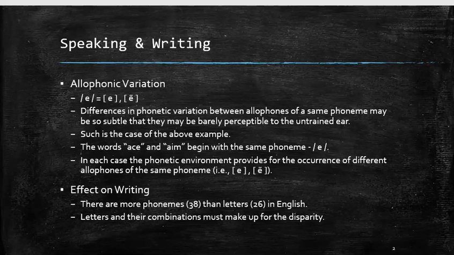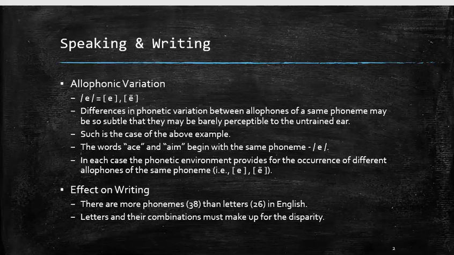Now, what is different is when we change one phoneme for another. When we consider the complexities of the English phonetic system, we notice that it has a direct influence on its writing system. So we have many sounds and fewer letters, specifically 38 sounds versus 26 letters.